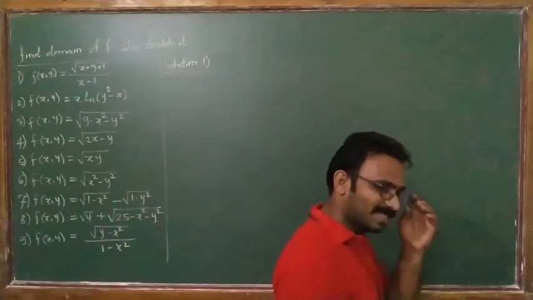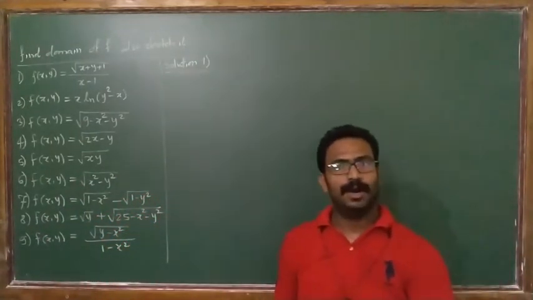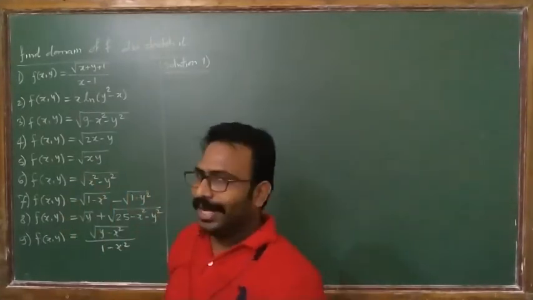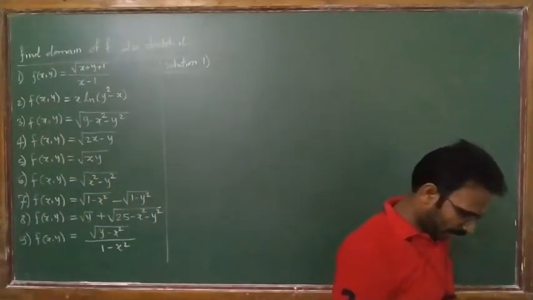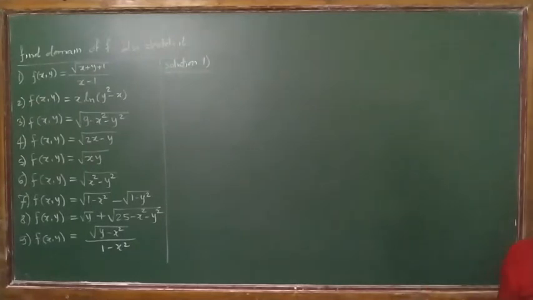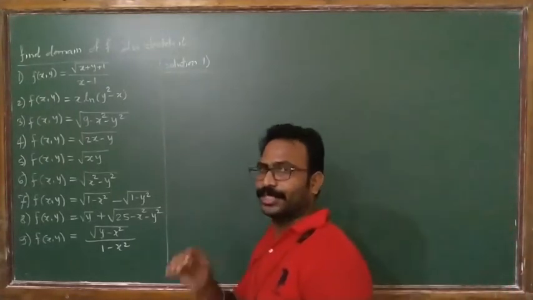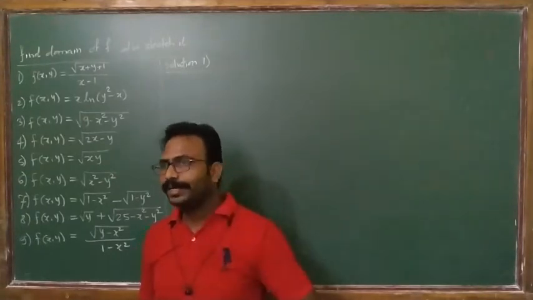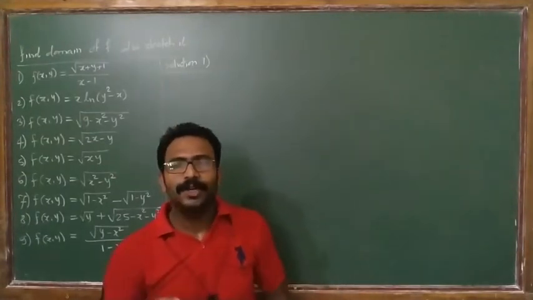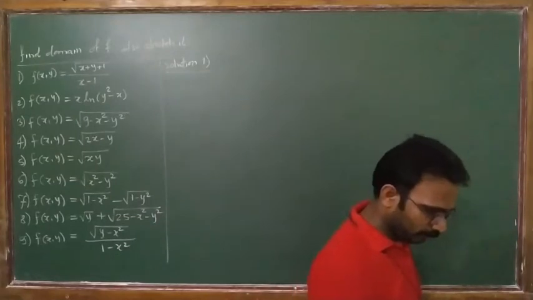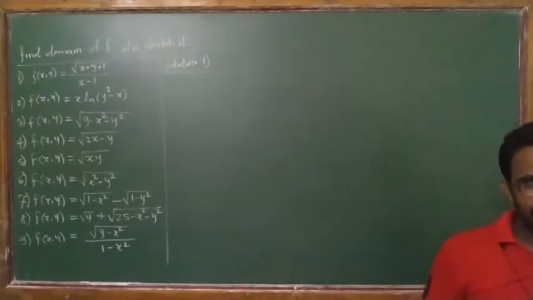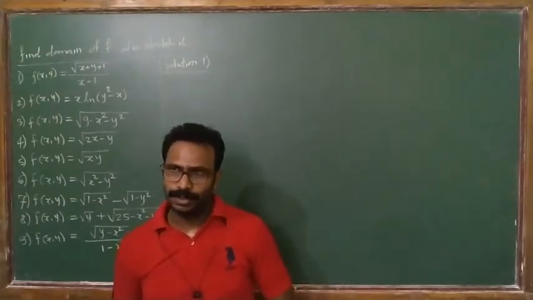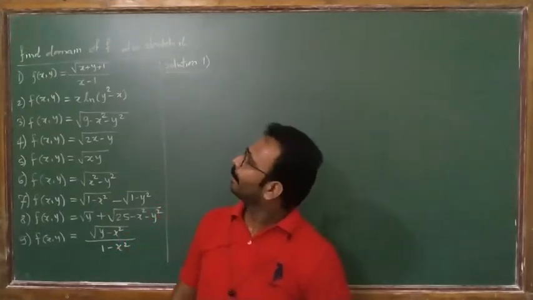So for this case, the function will not give output to us. So there are two things we can identify here. In the numerator there is a square root, right? And in the denominator there is a polynomial, which is a linear polynomial, and this polynomial can have 0, can have a root in real numbers.